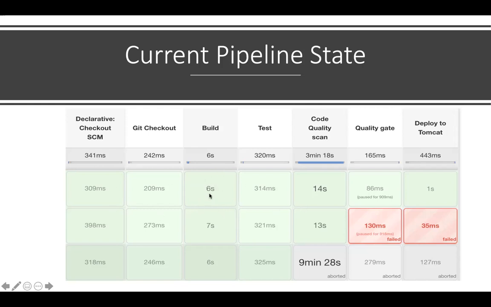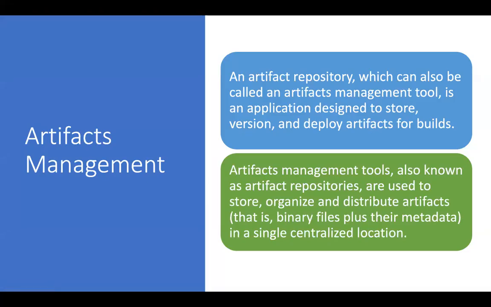In real life, this stage alone can take 10, 15 minutes and still be running. But the main thing is to understand this concept. And this was our SonarQube that we integrated before we deployed to the Tomcat server.